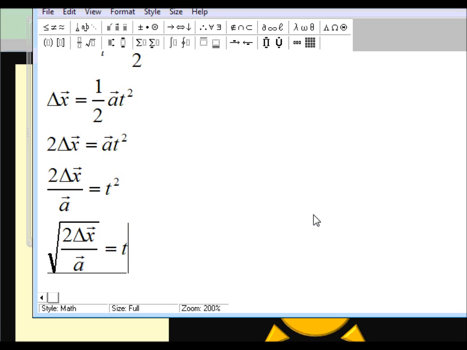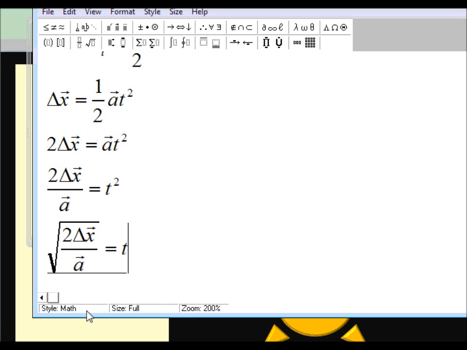Now it's at this point that I feel compelled to tell you, as a former math teacher, that anytime you take the even root of both sides of an equation, you technically need to put a plus and minus on one side of the equation.